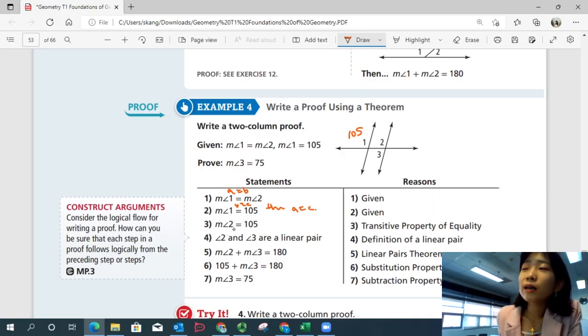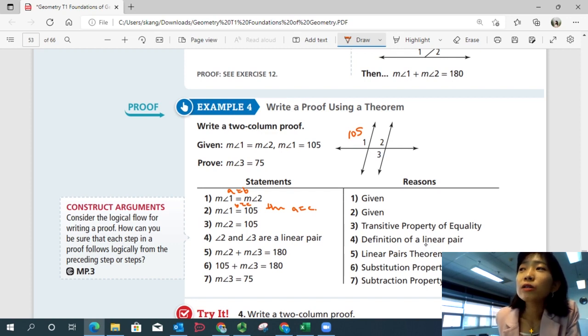And so angle 2 and angle 3 are a linear pair. Definition of a linear pair. If they're on the same line and they're divided by a single ray or line, then they're a linear pair, right? And that means their measures are going to add up to 180 degrees by the linear pairs theorem.